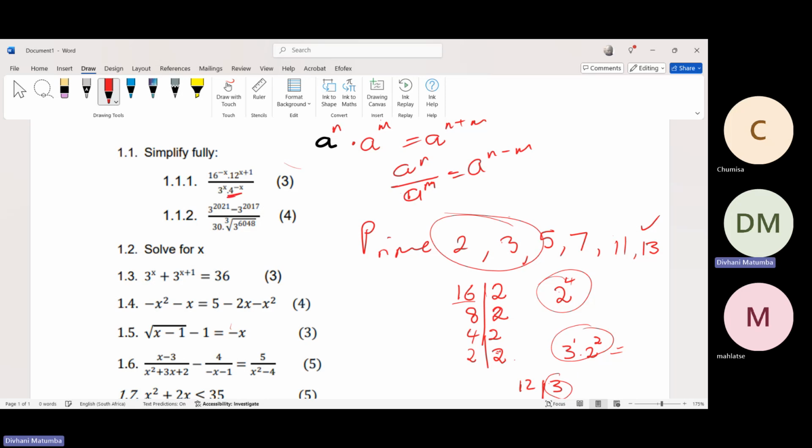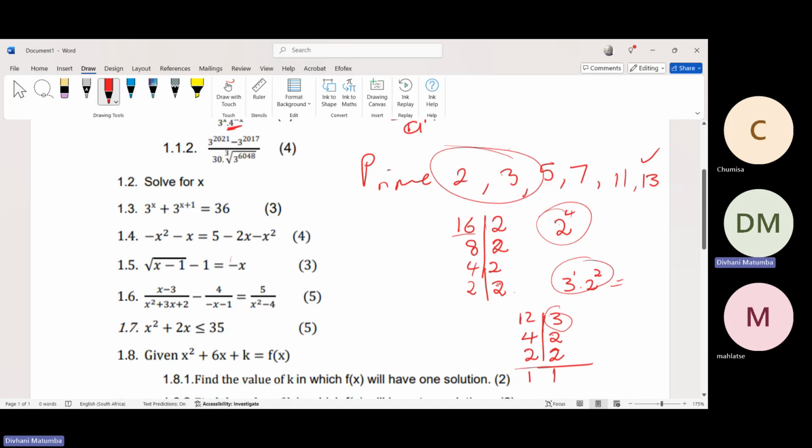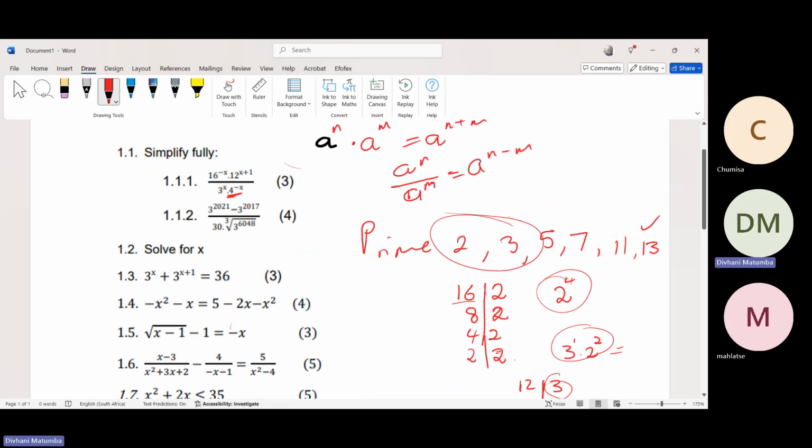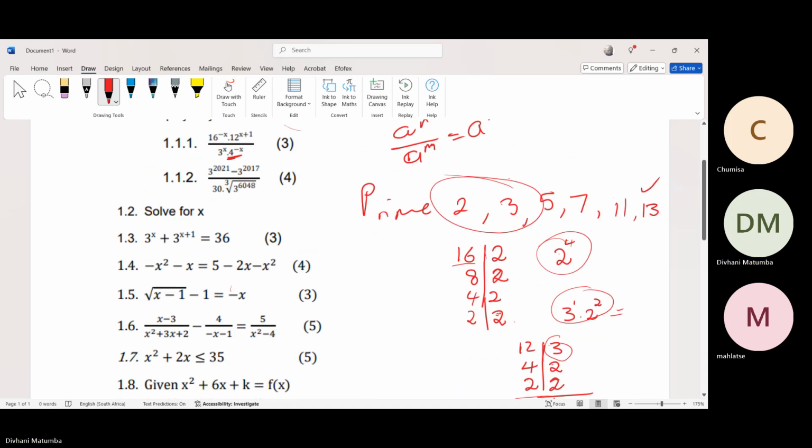Is 4 a prime number? No, sir. Therefore, we must break it down also. We only want prime numbers. So it's going to be 2 to the power of what? Let's do the same thing. 4, 2, 2, then 2, then 1.